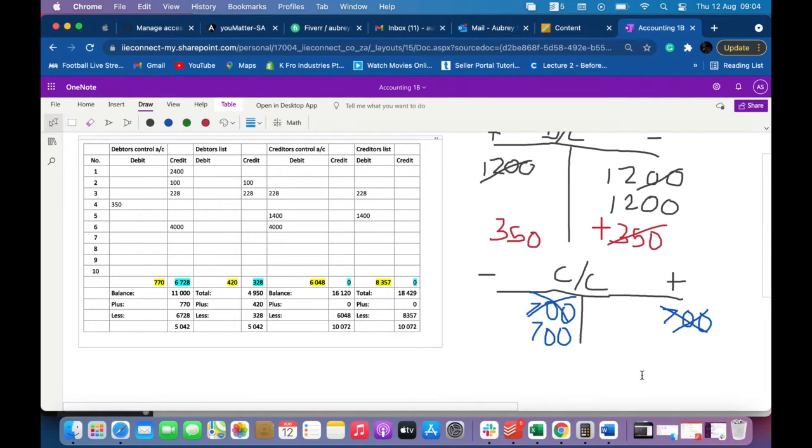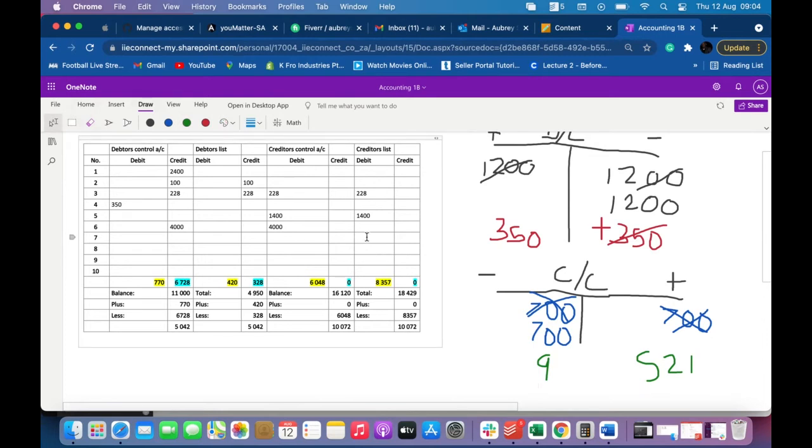But we need to reduce that 521. Let me do it in green. We need to reduce it because it is 512 that's supposed to be, and we know that's 9 Rand up. So we just debit 9 Rand. Again, this is happening in the creditors list.